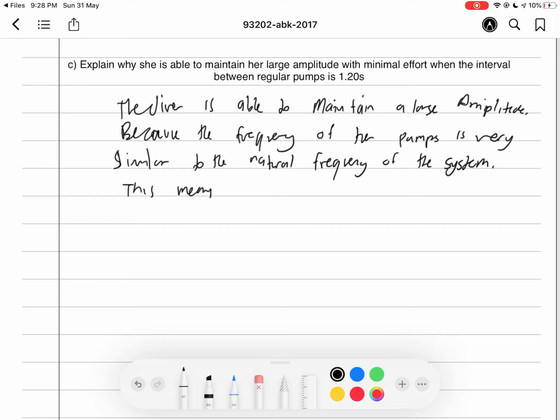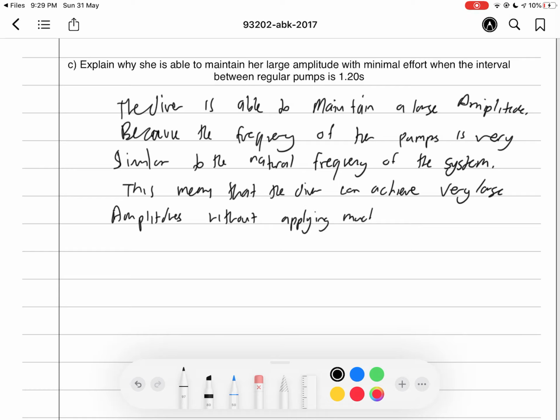This can achieve very large amplitudes without applying much force. So that should be your brief explanation.